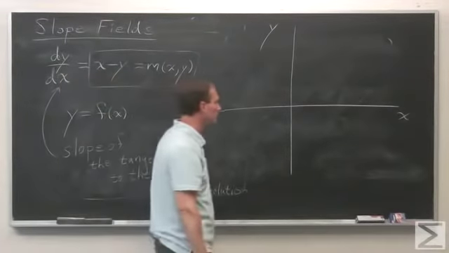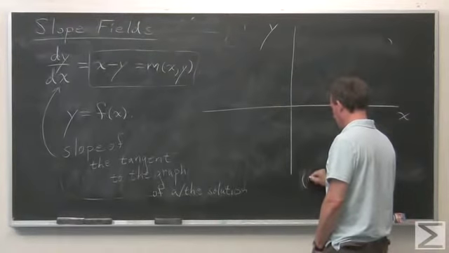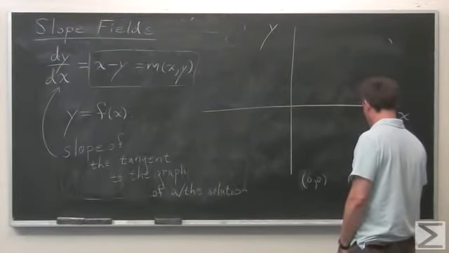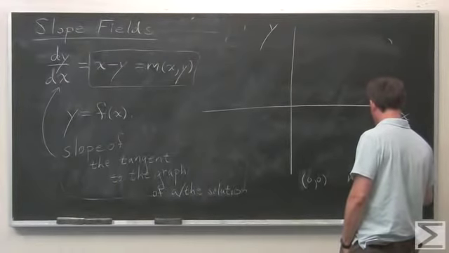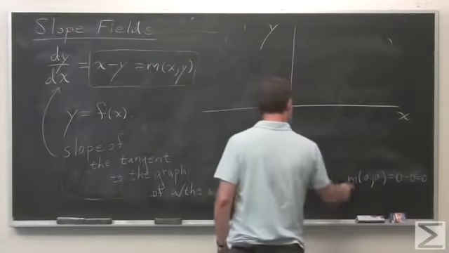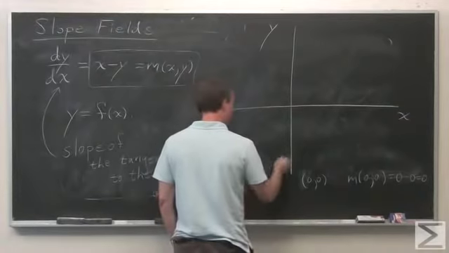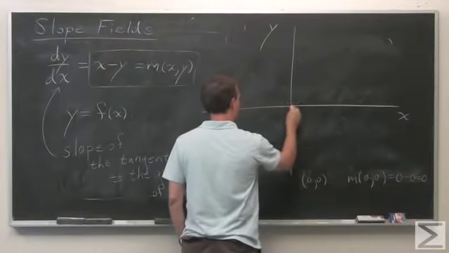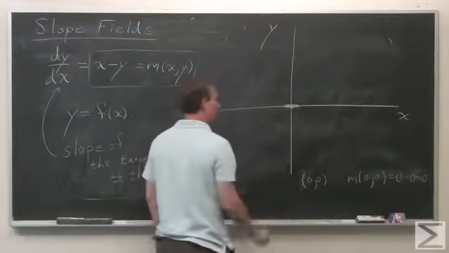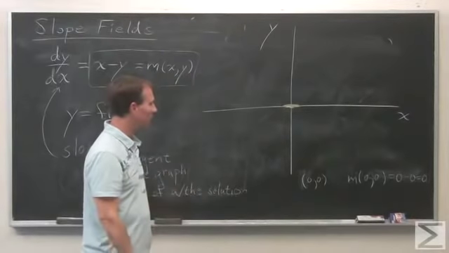So for instance, at 0, 0, m of 0, 0 is 0 minus 0, which is 0. So at the point 0, 0, I draw a little line segment with slope 0. If I were using paper, I would draw a smaller one, but so that you can see it, I'm drawing a fairly big one.